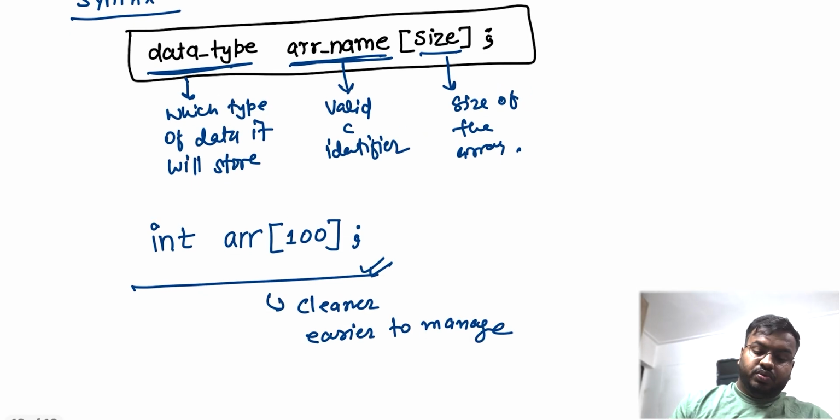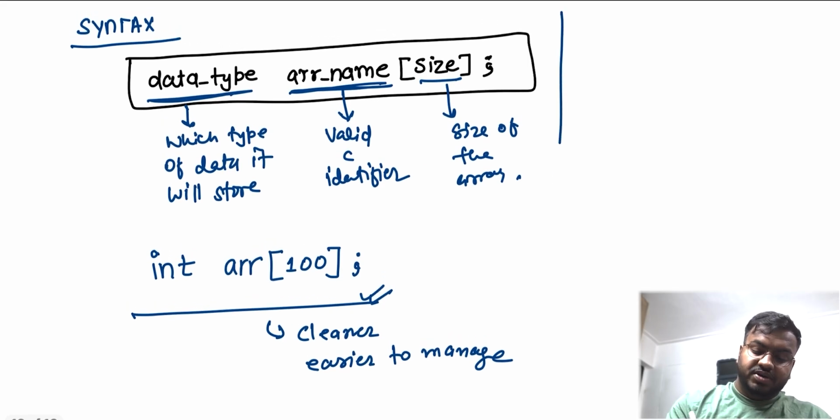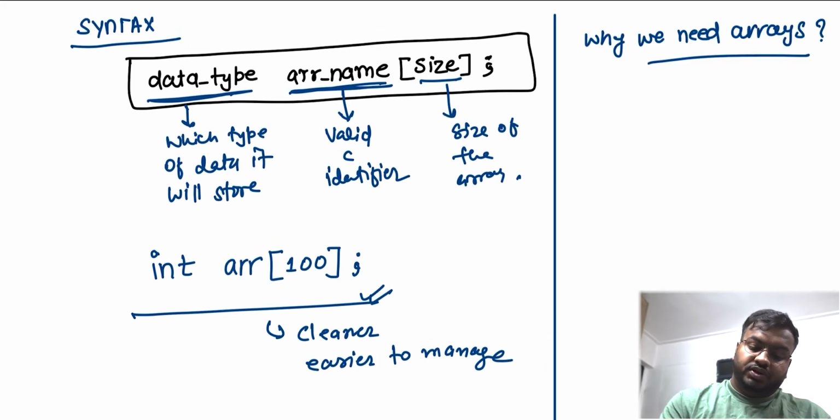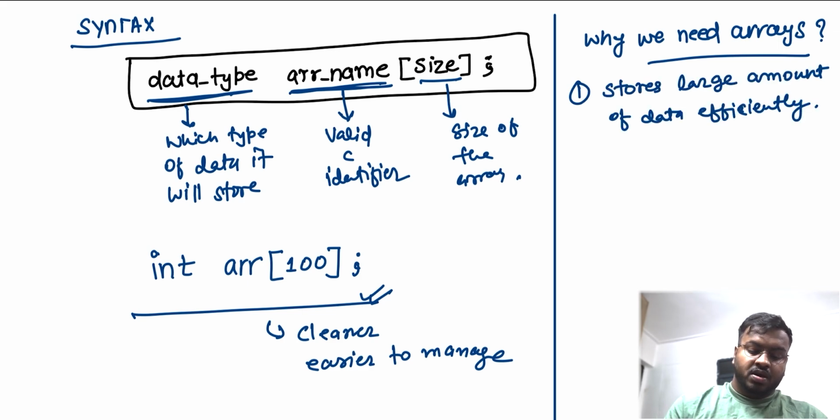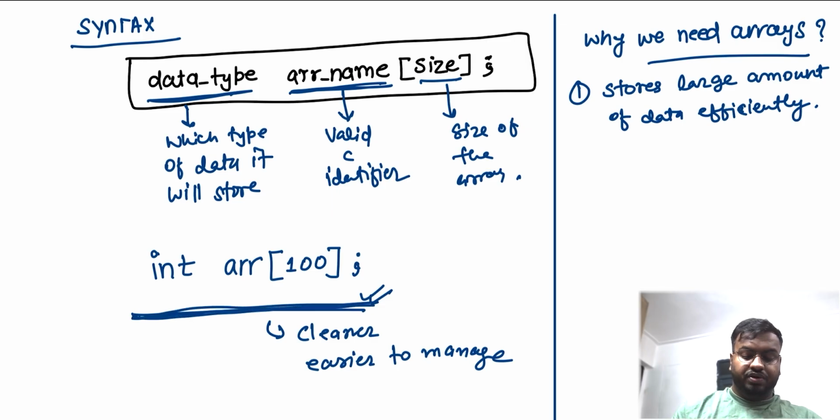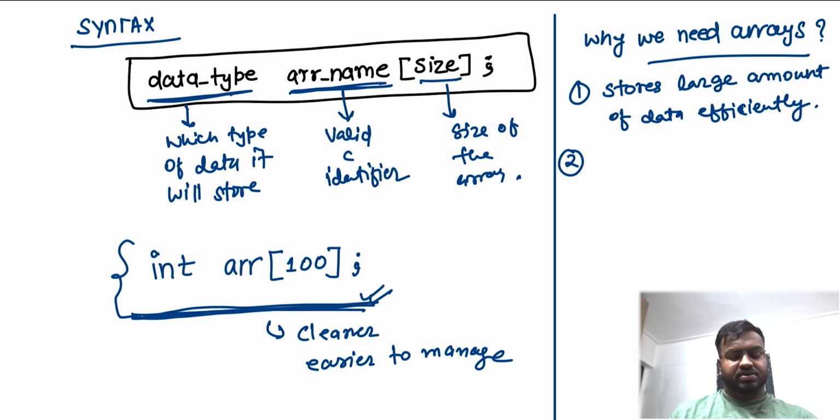Now the question is, why do we use arrays? The first point is, it stores a large amount of data efficiently. For example, in this case, I wanted to store the marks of 100 students, so I created an array. We have already discussed that if we were not using arrays, then we were creating multiple variables to store the data.